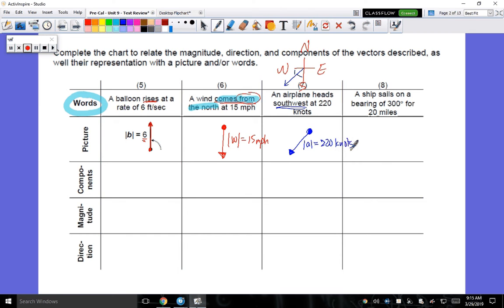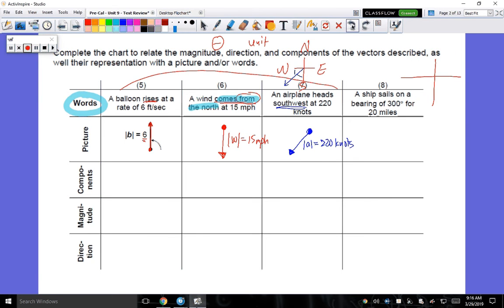Okay, so let's do this last one. A ship sails on a bearing of 300. So this is different. These first three, we're talking about the rectangular direction. Okay, this is just like the normal unit circle, if you will, where you start at 0 degrees here, and it's 90, 180, 270, and 300.